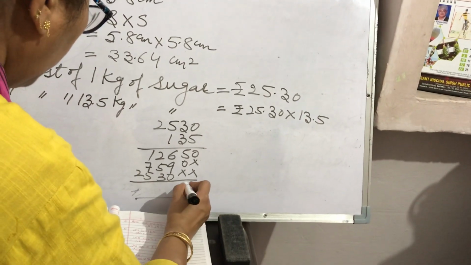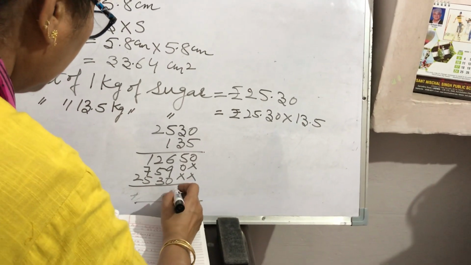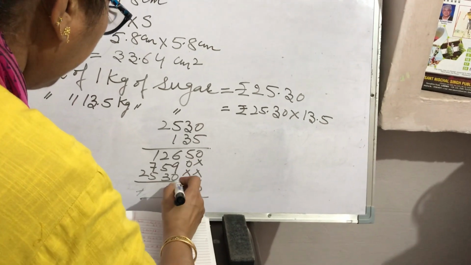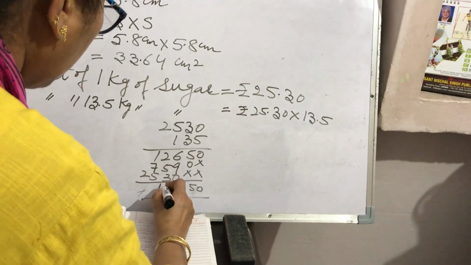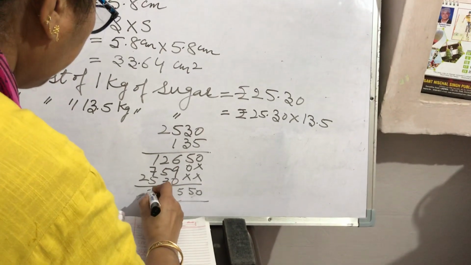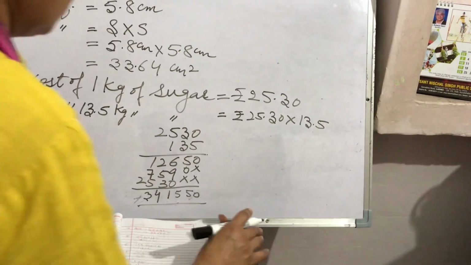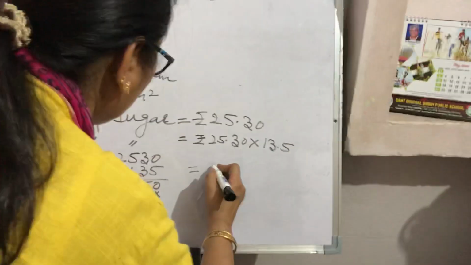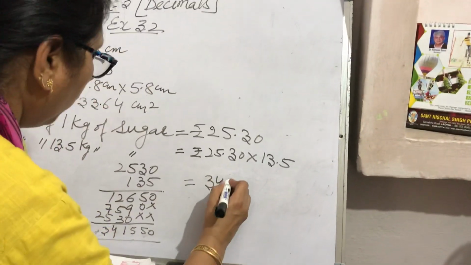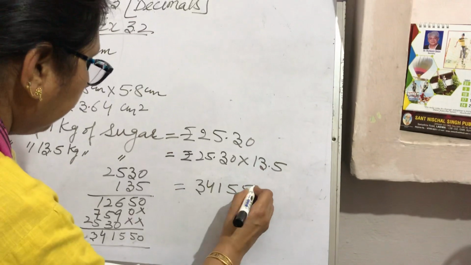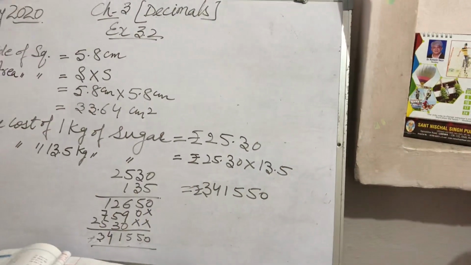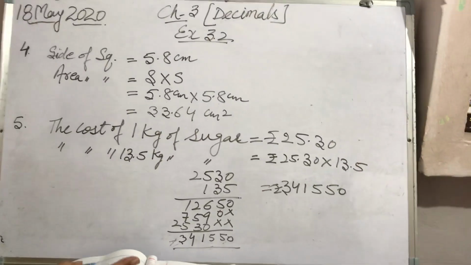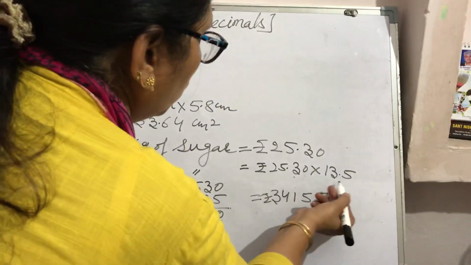So the sum is 341550. Now count the digits in the decimal part: 1, 2, 3.